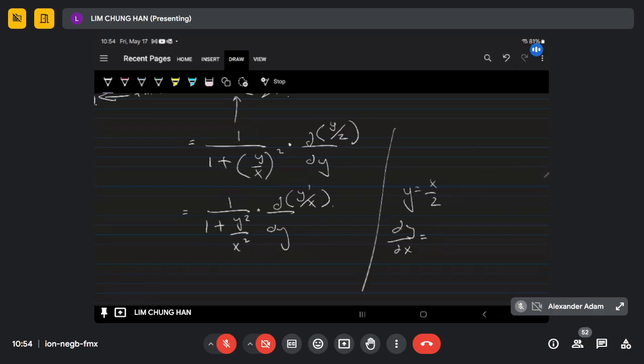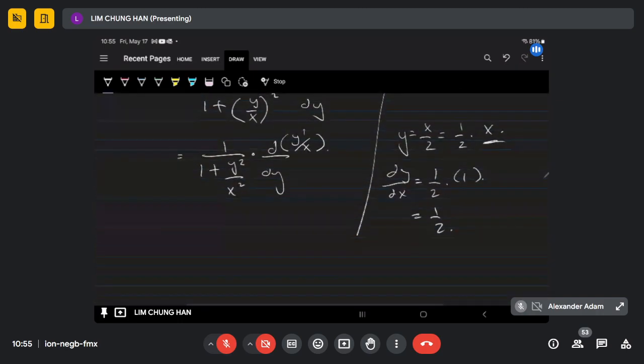Don't think about the left hand side. Just look at this. You can take the half out and leave the x. So you just differentiate x. What do you get? 1. You end up with 1, right? So you end up with the answer of half, correct?